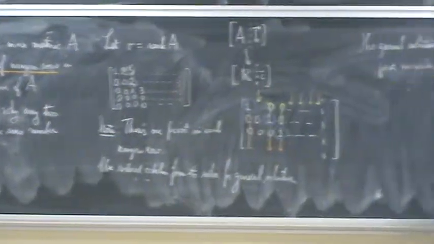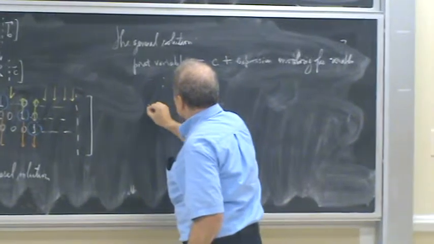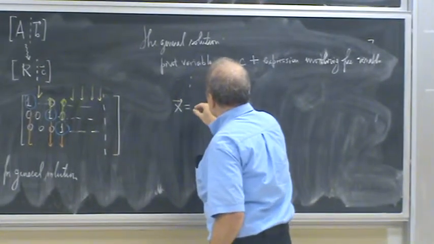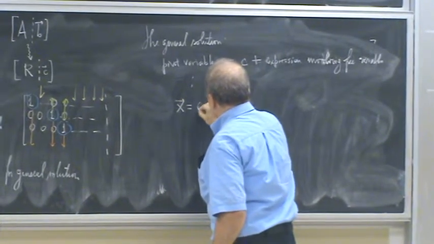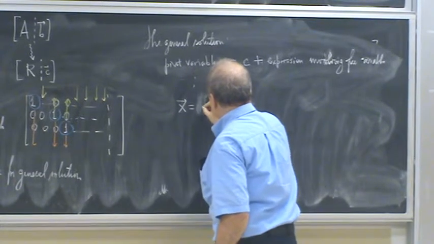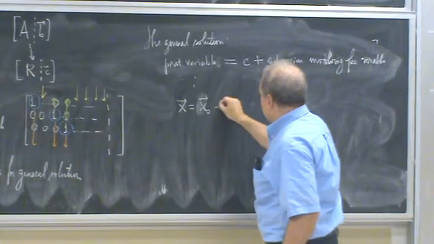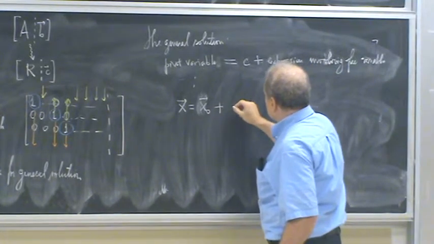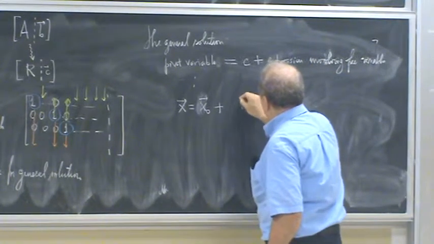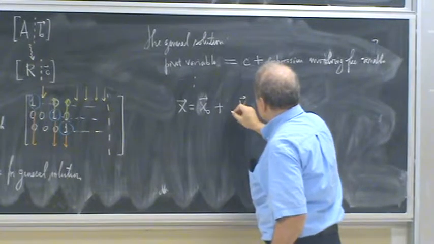So what do we see? We see that our general solution looks like x as some vector of constants plus a linear combination of things that look like vectors times free variables.